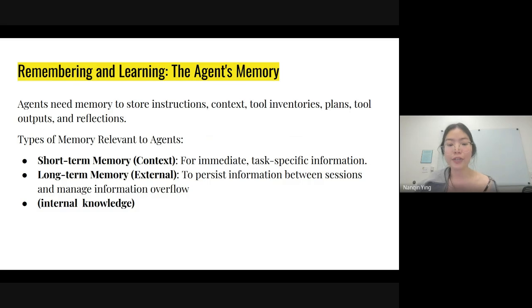And the long-term memory would help you to maintain consistency and make sure it can retain the information across different tasks or sessions.